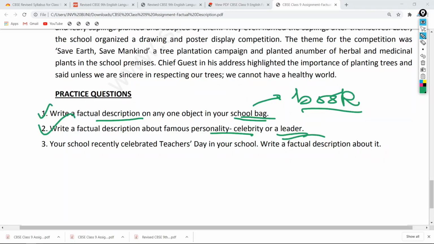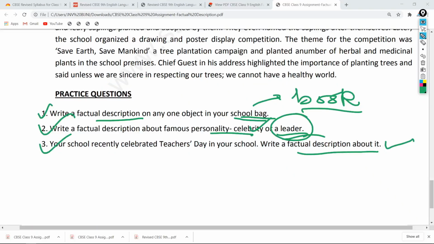These are leaders, either in the field of politics or in the field of science. Third, your school recently celebrated Teachers' Day. Write a factual description about it. So, in this way, you can write the factual description in a beautiful manner.